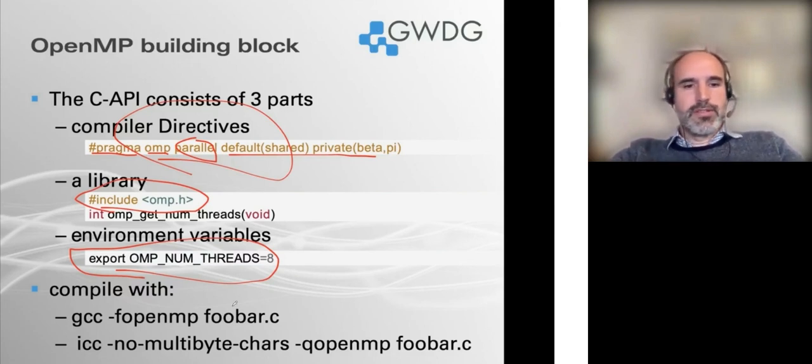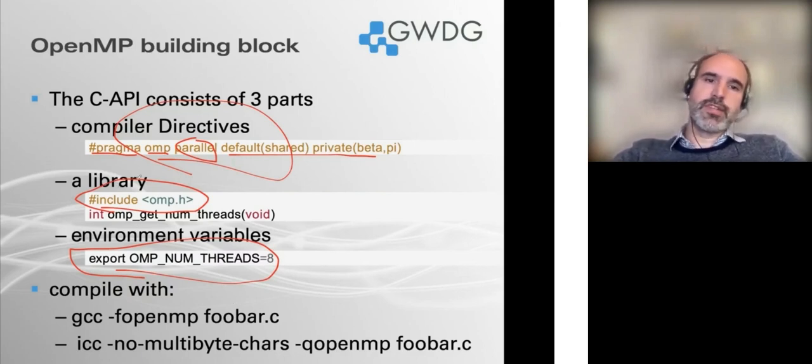A hint here on how to compile a code where you use such directives with the pragma at the beginning. And I hope you have all used in the meantime our infrastructure, our HPC system at GWDG. There are different compilers available. You can switch these compilers with module. And we use here the GCC compiler or the ICC compiler.